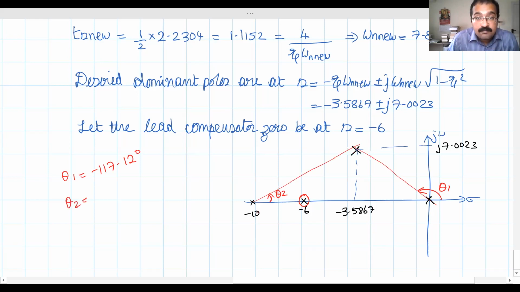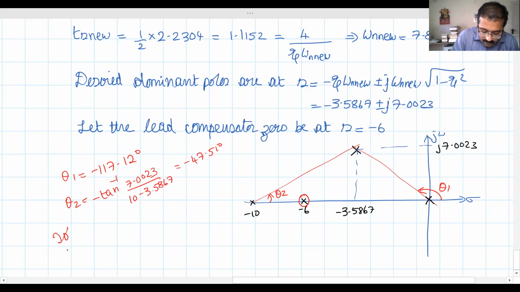It is an angle from a pole, so minus tan inverse of opposite side 7.0023 divided by adjacent side, which is 10 minus 3.5867. You will get this angle as minus 47.51 degrees. So what is the total angle at the dominant pole?